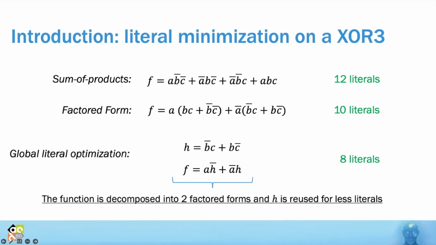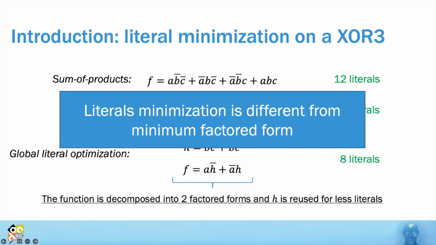So one additional node, that is an intermediate operation H, is created as XOR2, and then is reused inside F in two positions. This is not anymore a factor form because H is reused, but this implementation has less literals. So this means that global literals minimization is different from minimum factored form.